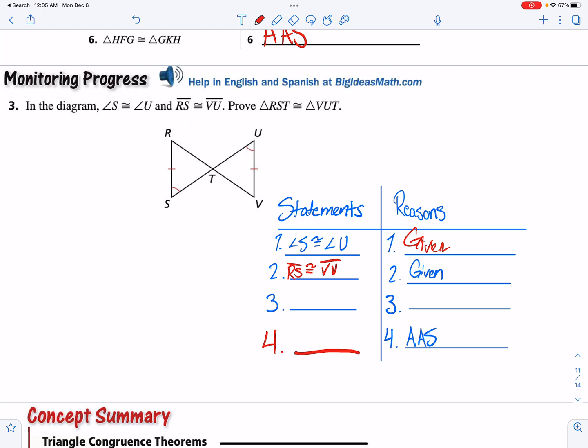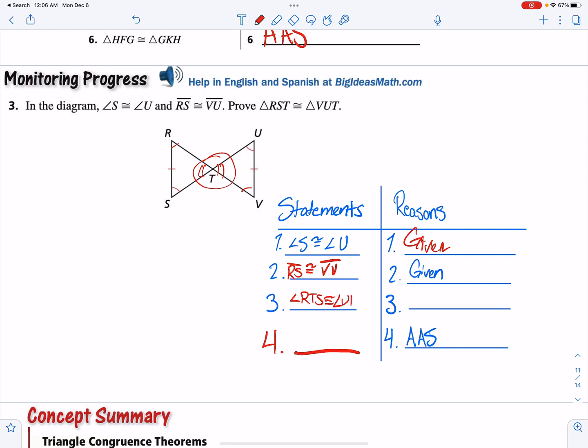So if you'll look at our pattern and what we have, it looks like we either need to prove these are congruent, which we can't because we don't know for sure they're parallel. So what we can say for sure is that these vertical angles are once again congruent. So I can say angle RTS is congruent to angle UTV.